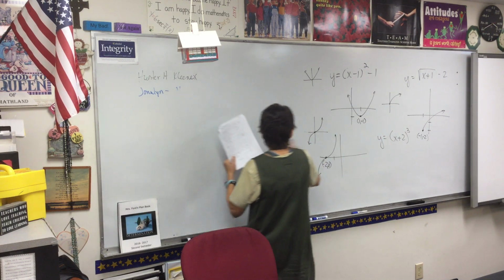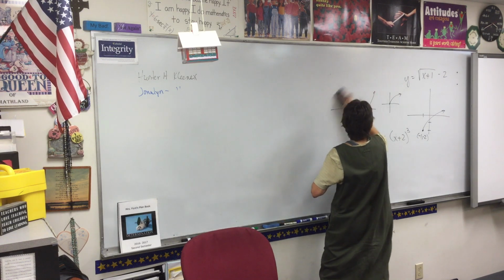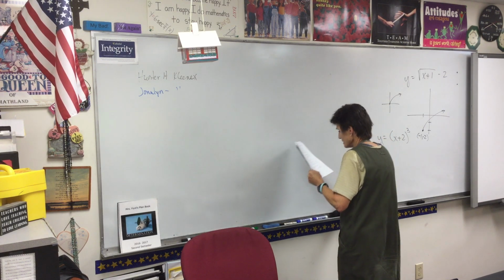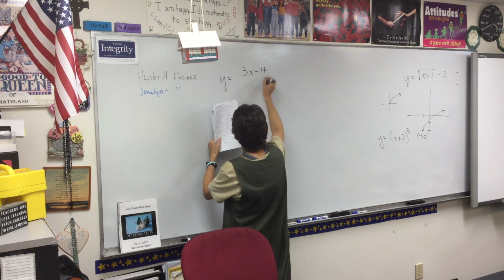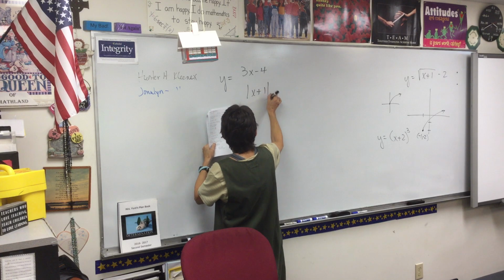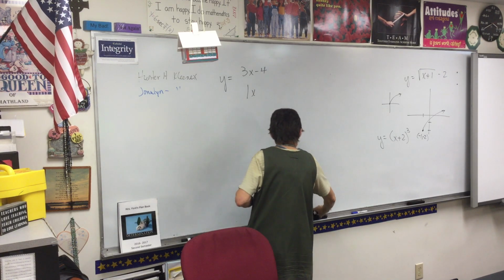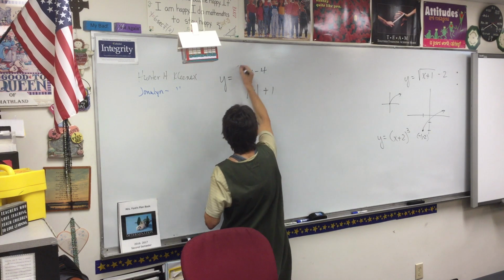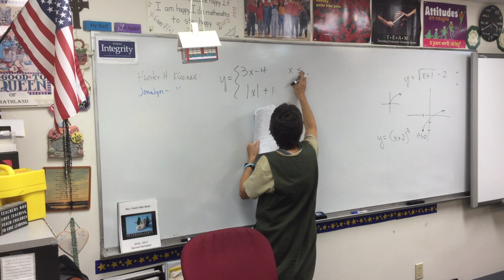We're on F now. We need to do our piecewise function now. We have one more to graph, our piecewise. All right, who remembers the strategy for this?